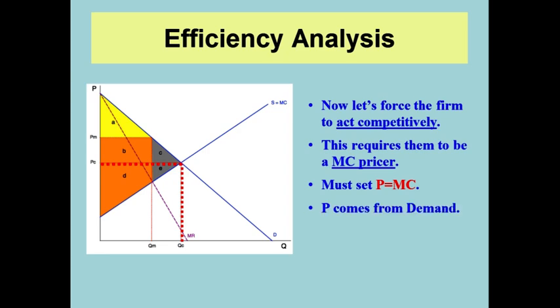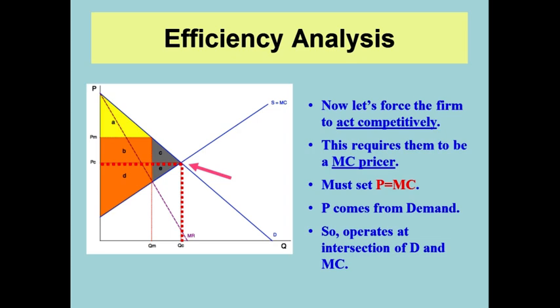Now remember, price comes from the demand curve, and of course we have a marginal cost curve. So what we're going to do then is force them to operate at the intersection of demand and marginal cost. And so when we intersect demand and marginal cost, we get price equals marginal cost. So I've just put in a pink arrow. Everyone agree?